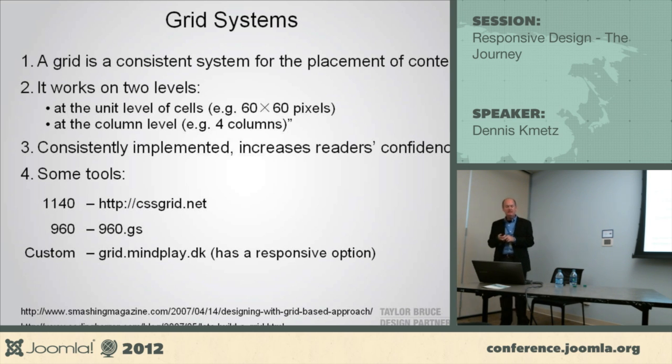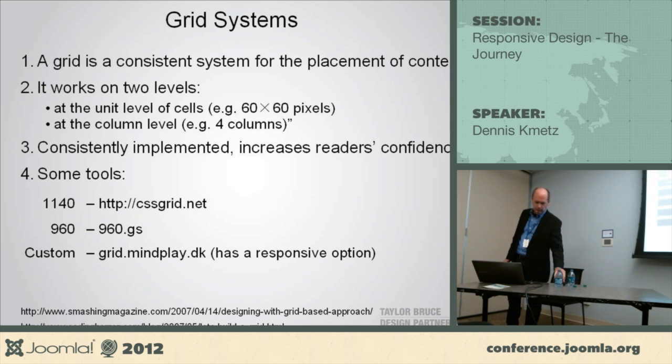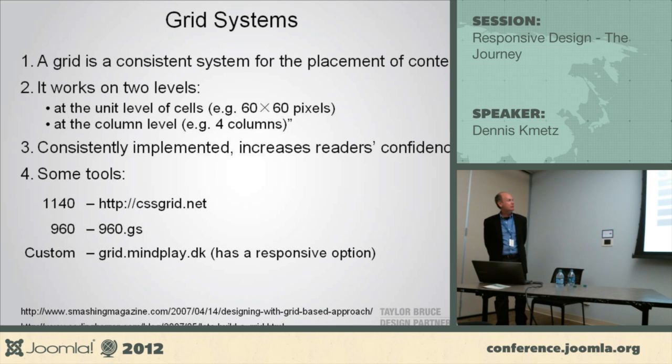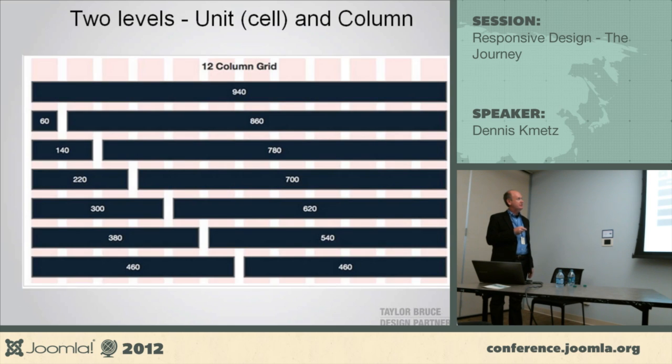Some tools you may be familiar with if you're working with grids are the 960.gs and the cssgrid.net. And there's also a custom one that I found interesting. So the two levels that I spoke of: there's a cell, it's 60, and when I combine two cells together, it takes that space into consideration.